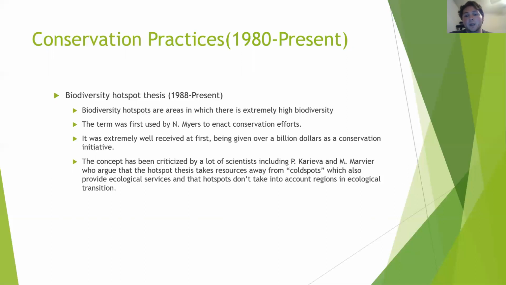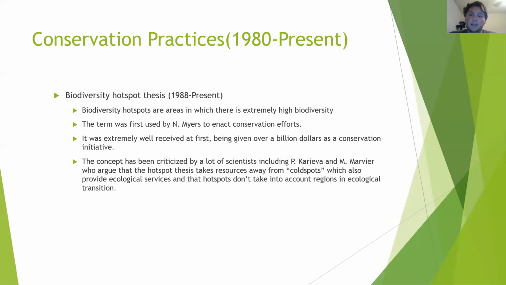And so that was one of the arguments for keeping these cold spots, to which the hotspot advocates would argue, well, we're not saying that we should defund conservation in Nebraska per se. We're saying that we should just fund more towards these hotspot areas.